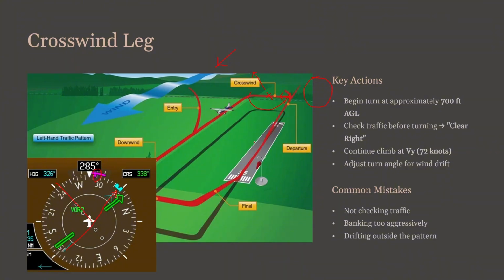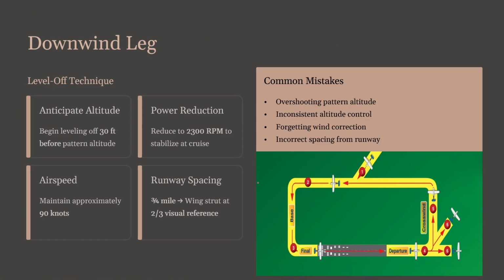But this is not an absolute rule. For example, if you reach pattern altitude earlier and the airplane accelerates faster, you may want to start the downwind turn a little sooner. The key idea is to always think about the situation dynamically and develop the habit of adjusting your pattern based on speed, altitude, and wind conditions rather than relying on a fixed rule every time. Does it make sense? Great.